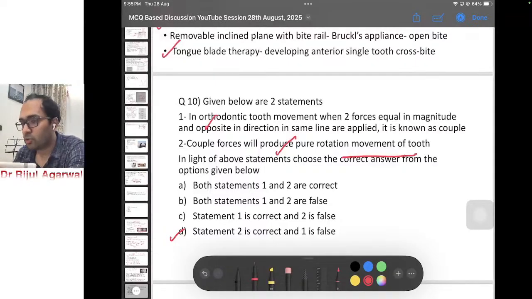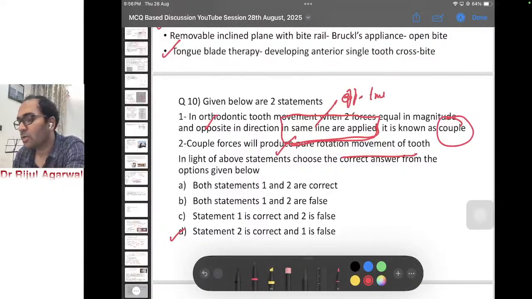In orthodontic tooth movement, when two forces equal in magnitude, okay, opposite in direction, okay, same line are applied, it is known as couple. So that is not the definition of couple. The incorrect thing is same line here. They should be in opposite line or non-collinear forces.